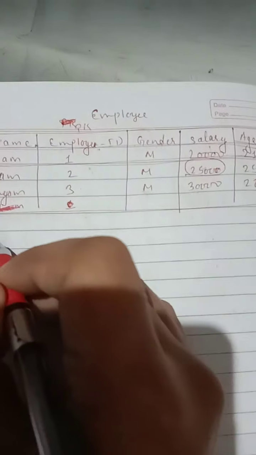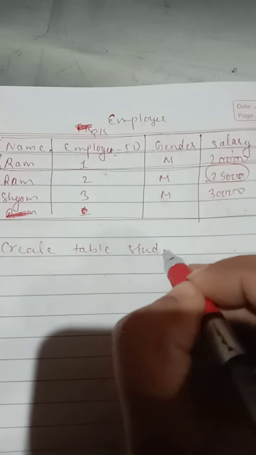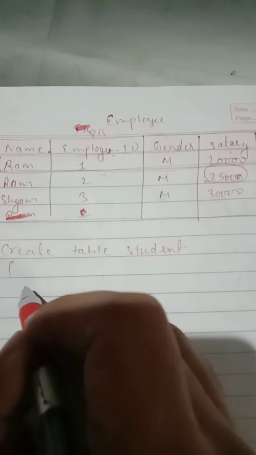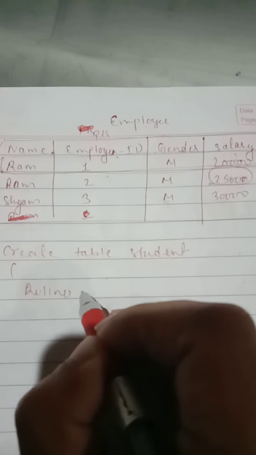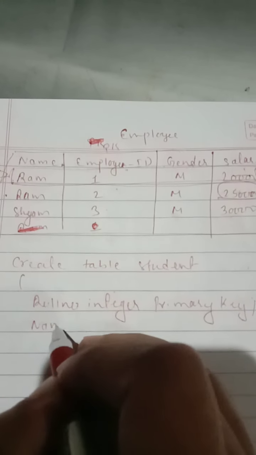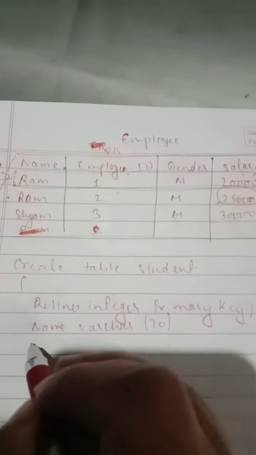Suppose we want to create a student database. So create table student, roll number integer, primary key, and name varchar 20.